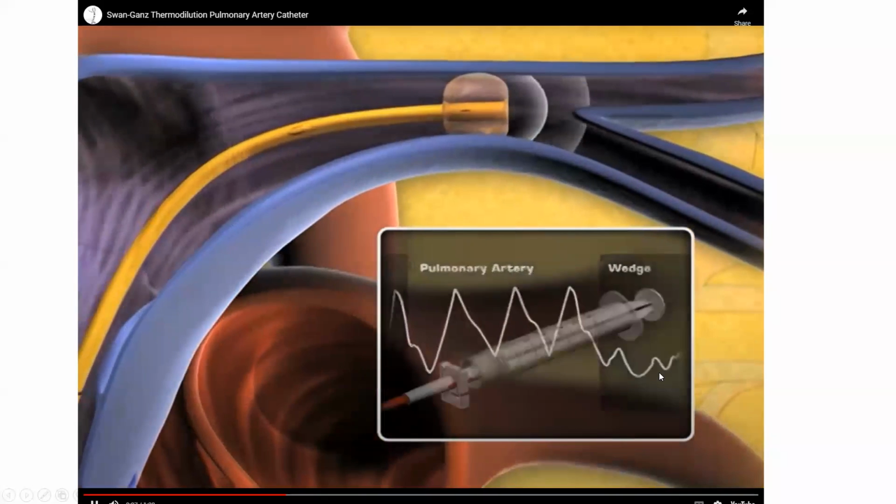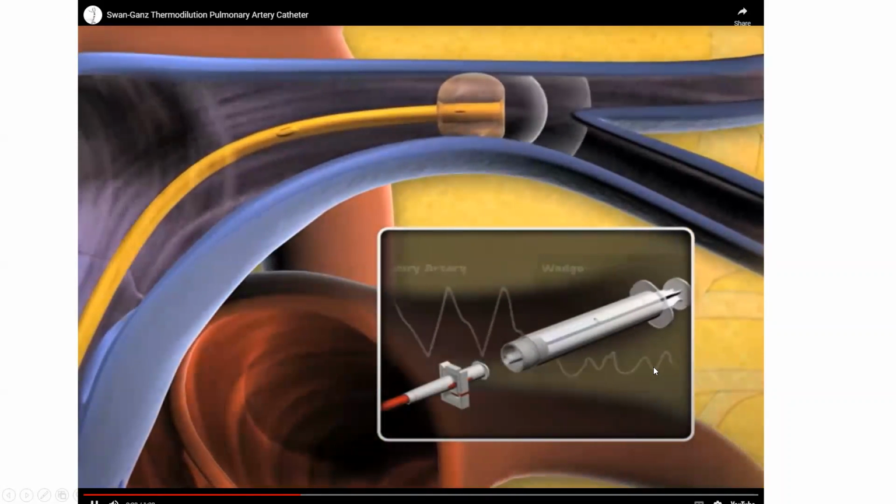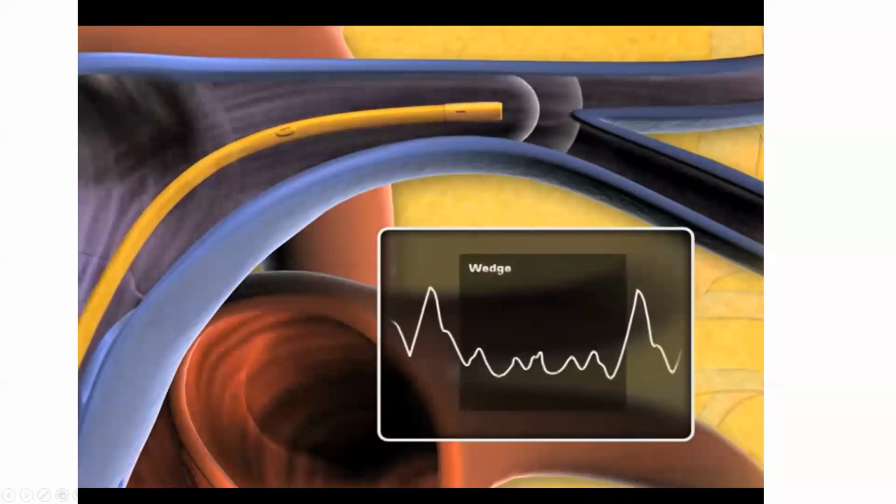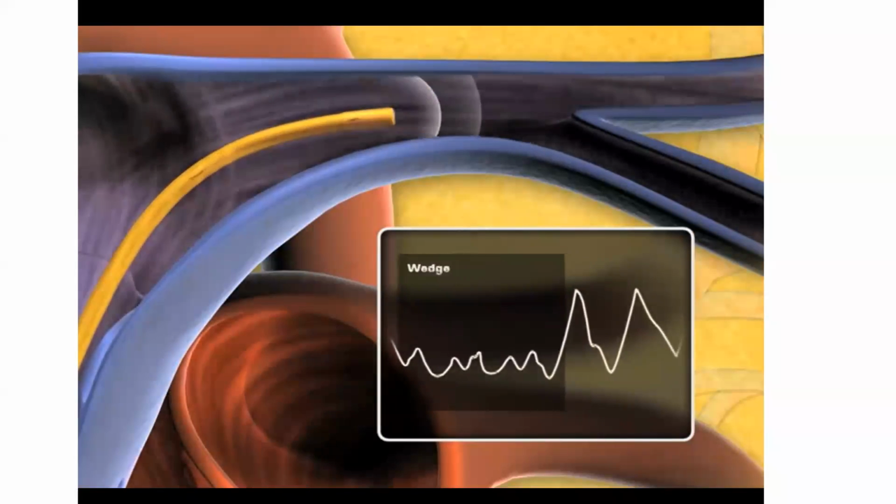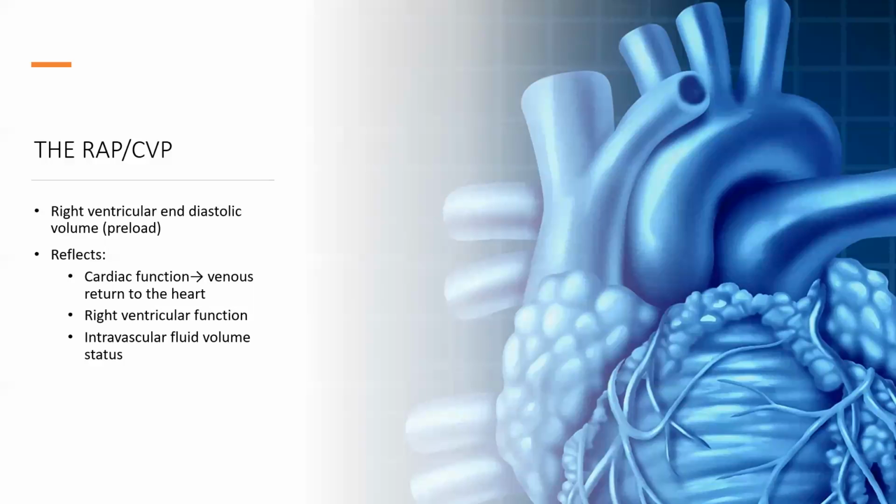And therefore, it's going to reflect the wedge pressure. So you're going to say, I'm never going to understand how to read all those waveforms. And that's exactly why we're going to go through it one by one. So let's begin with the right atrial pressure and the CVP and how it looks.